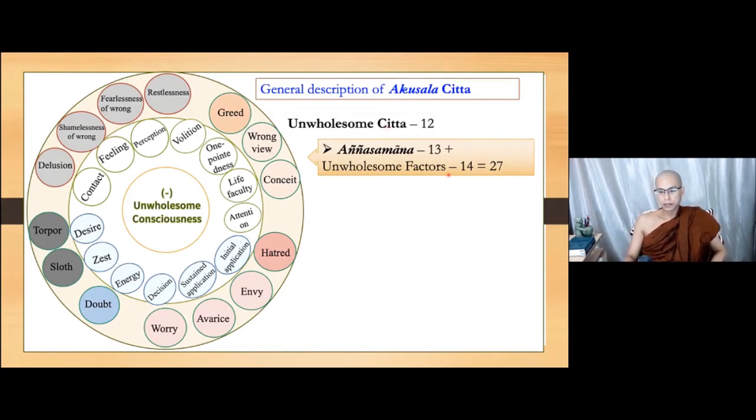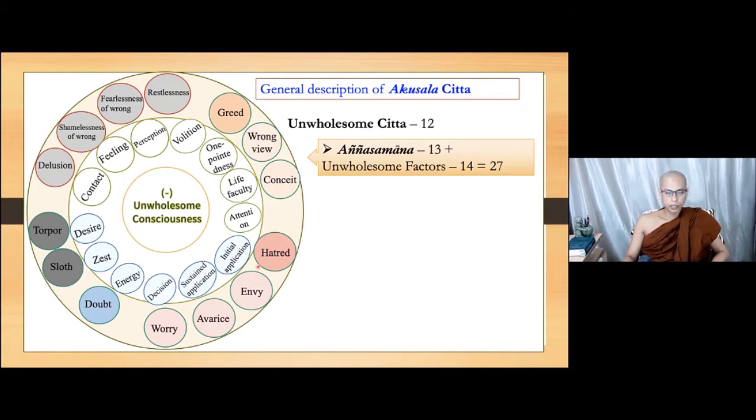Now, how many mental factors are associated with the 12? 27 altogether. Then if we can identify that dosa-mula citta arises at that moment, greed, wrong view, and conceit cannot accompany, cannot associate at that moment. And also doubt.